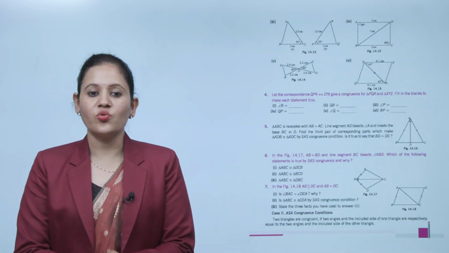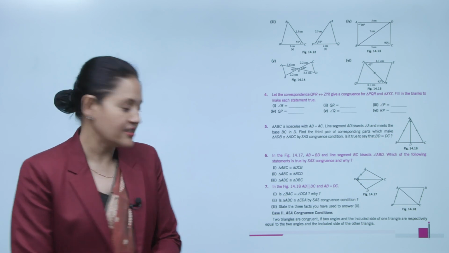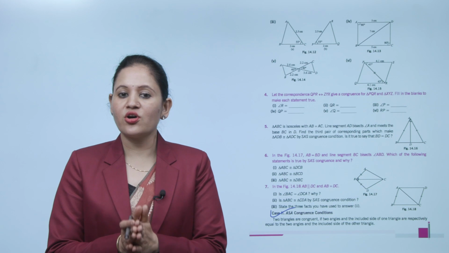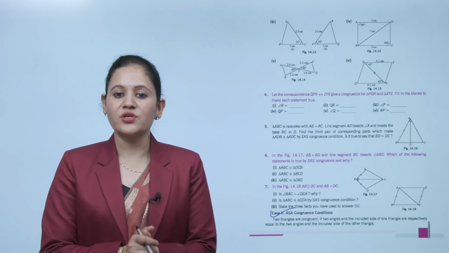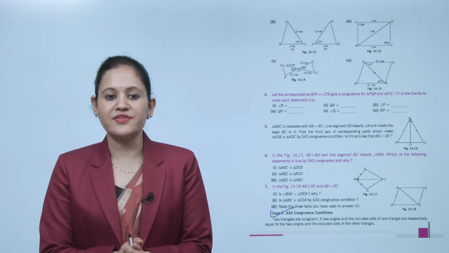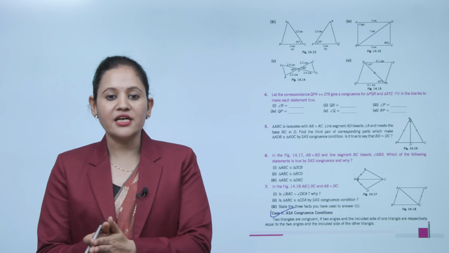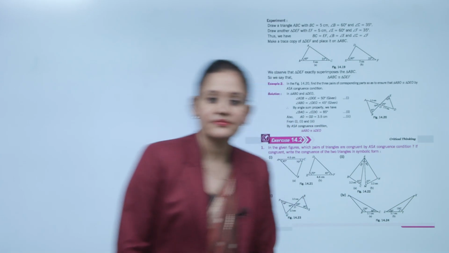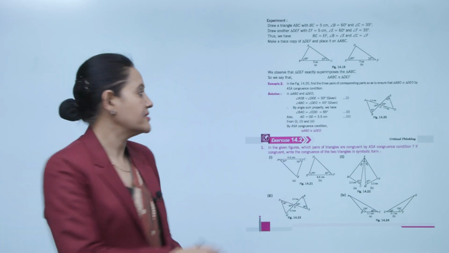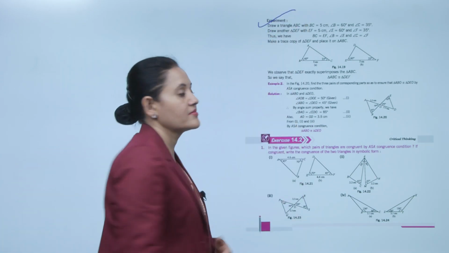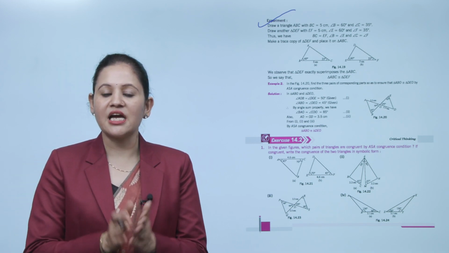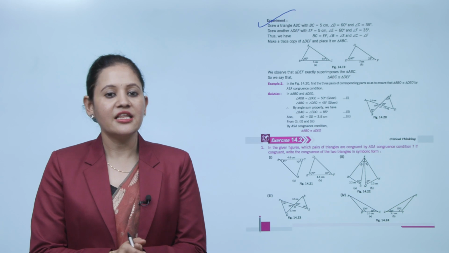Next is case 2, ASA congruence condition. Two triangles are congruent if two angles and the included side of one triangle are respectively equal to the two angles and the included side of the other triangle. Experiment. Draw a triangle ABC with BC 5 cm, angle B 60 degrees and angle C 35 degrees.